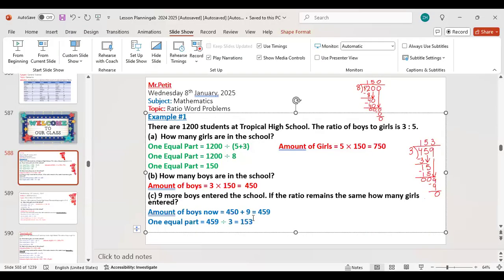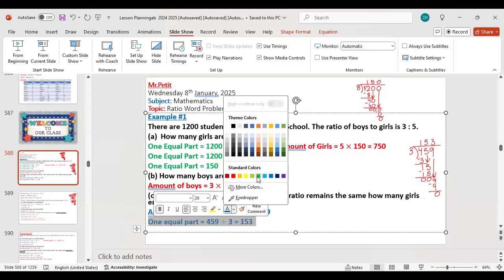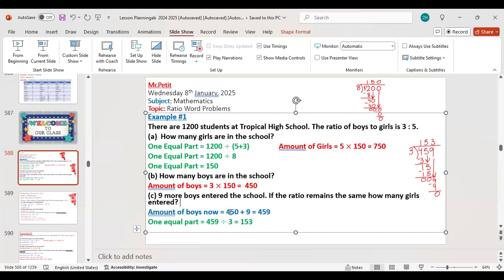So the number of boys that we have is 459, because 9 more boys came into the school, which means that to find the new 1 equal part, it's 459 divided by 3. But we have to figure out how many girls are now here.